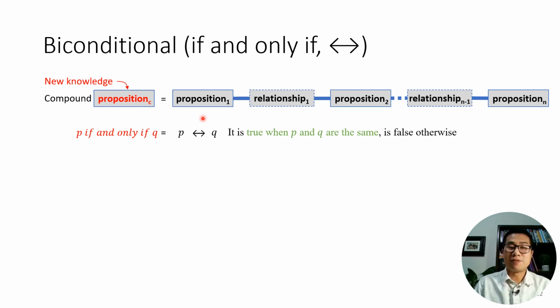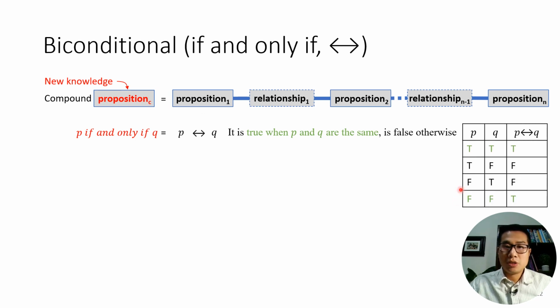It is false otherwise. So this is the truth table for it. If only P and Q are the same, then it is true. Sorry, this one has to be this notation, I just forgot to replace it. This one has to be that notation.